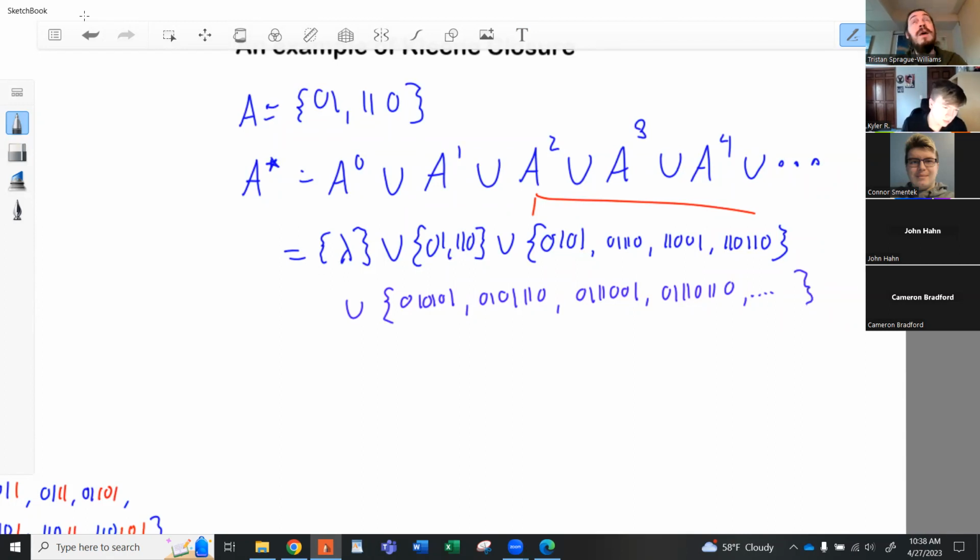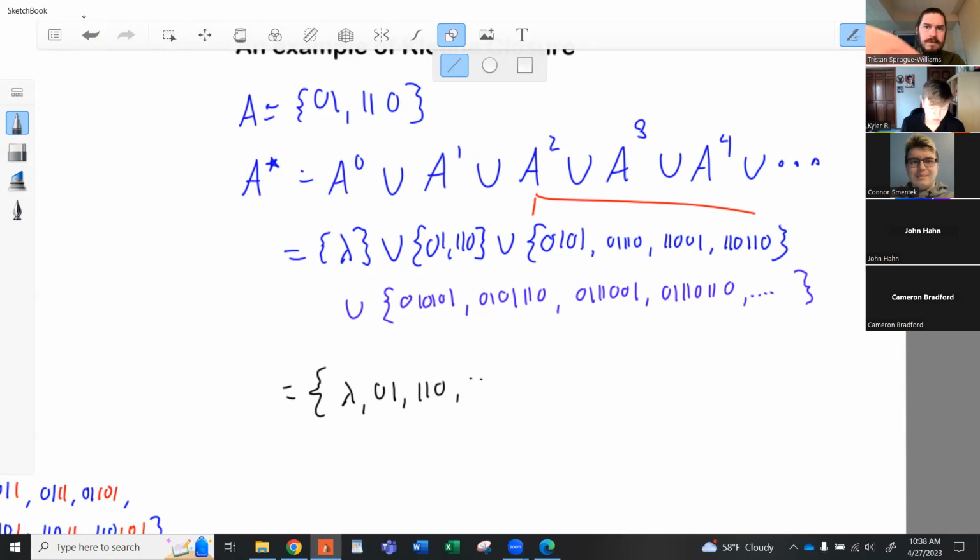In fact, it would be 8 different strings because it's 2 strings to the power 3. 8 different options, right? So all of these sets together is what A star is. So it has all of these things.